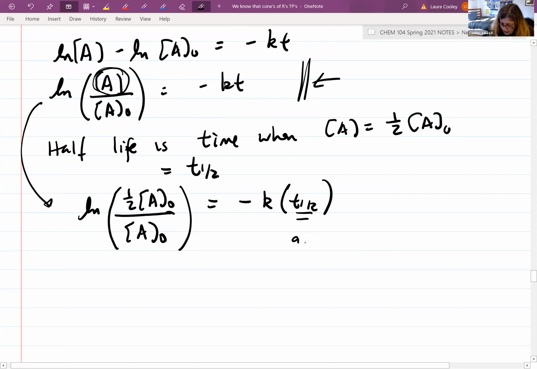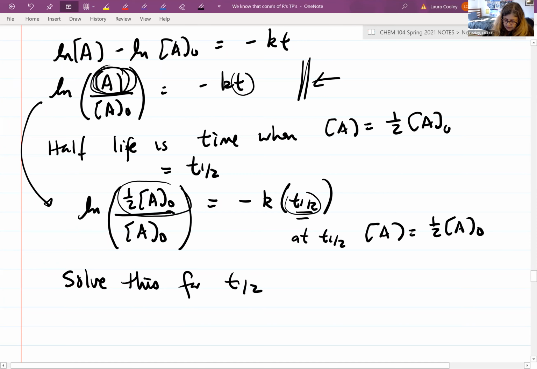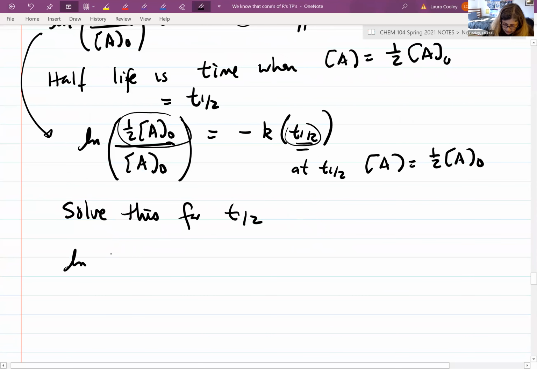So at T1/2, the concentration of A is 1/2 of the initial concentration. So I put in 1/2 of the initial concentration here for the concentration. I put T1/2 in for the time. And now I just solve this for T1/2. It looks a little complicated, except there's a lot of canceling that's going to go on here.